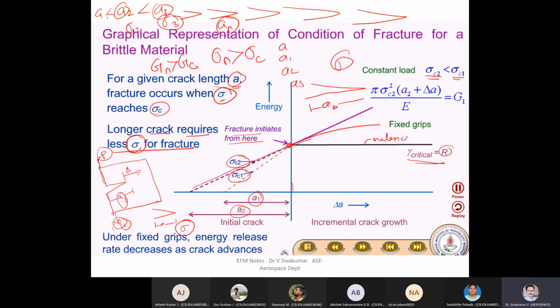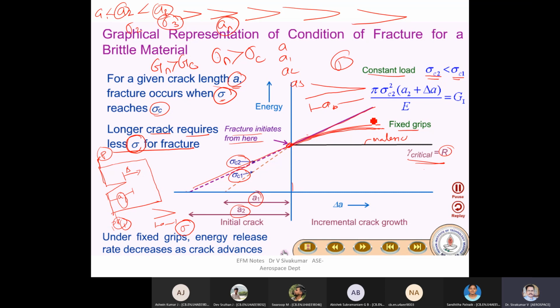Then there are two conditions: one is fixed grip, another one is constant load. In the constant load, you will get the post fracture behavior like this. In the constant displacement, the behavior is like this.